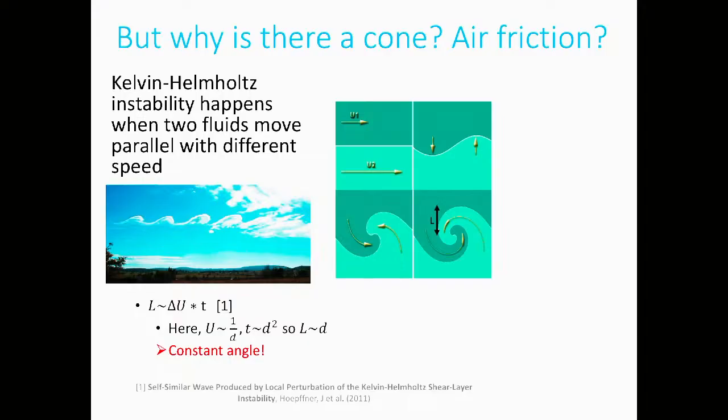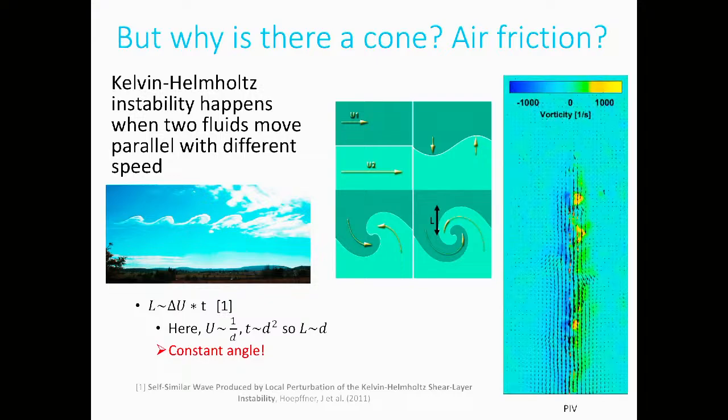Yeah, so we were hoping that this would explain why there is a cone. And so if we do PIV, and again for you it's more difficult to see than for me, but you do see these recirculations.